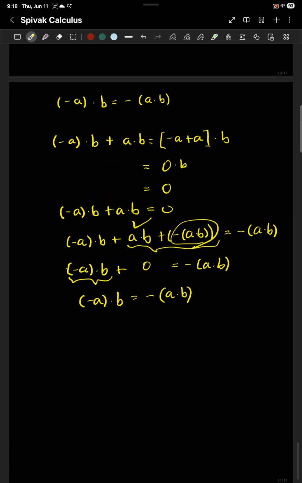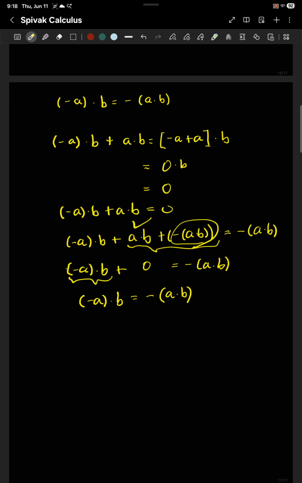Next, it follows immediately that negative times negative a times b is equal to negative a times b. Right. Now note that, so we're going to continue to prove it.